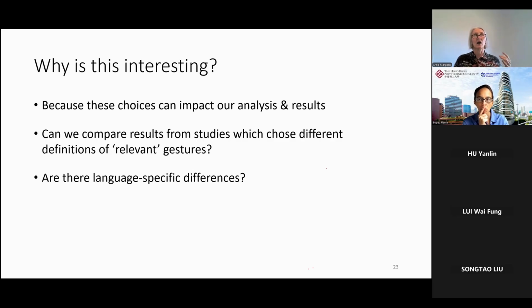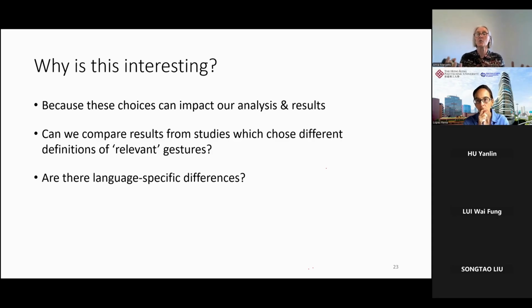And I think this is a very important question more generally, in that when we do our own research, in this case our study, but also when we read studies in the literature, which studies can we actually compare? Can we compare studies that have condition 1 versus condition 2?